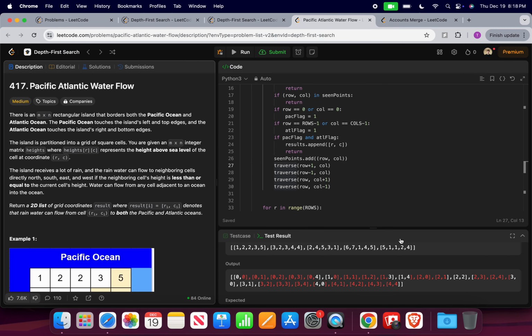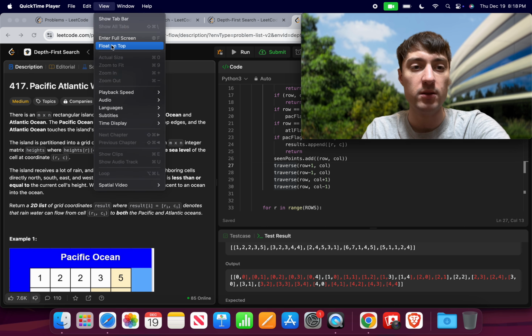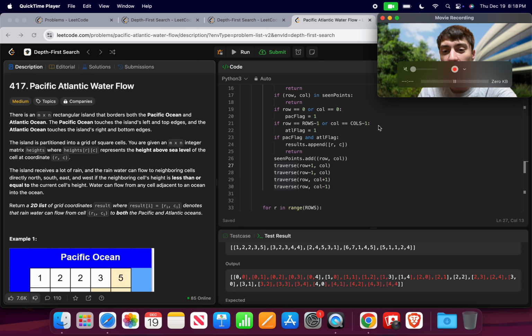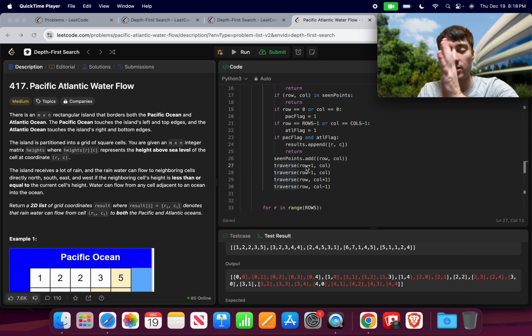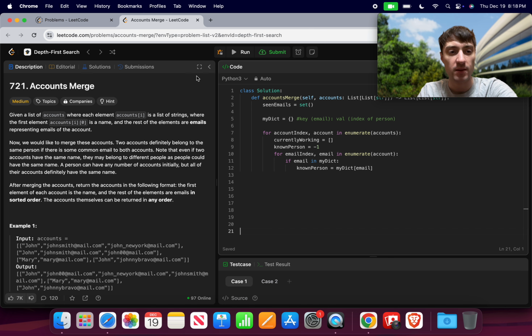I forgot to have myself float on top, so let's float on top. Here, this is one of the problems. I was unable to solve this one, and this one was the one from yesterday that I did post a video on, and I couldn't get this one as well.